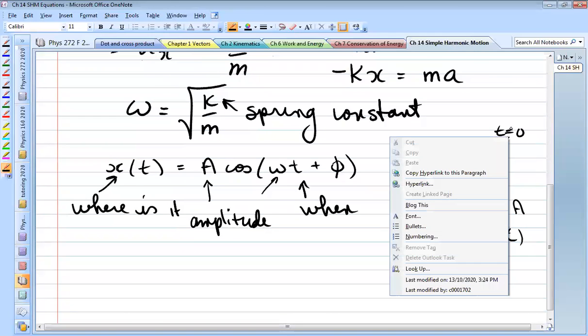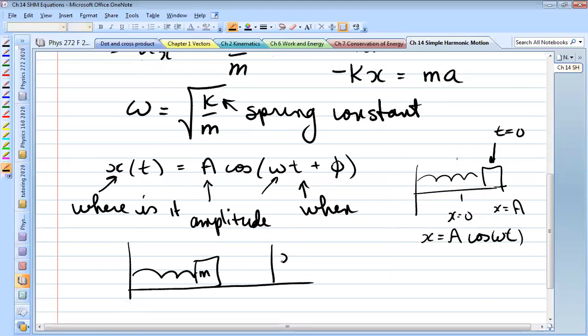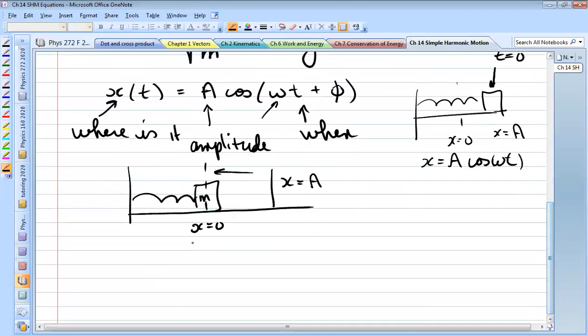Now, if you decide to start your stopwatch somewhere else, like say you pulled it aside over here to x equals a, you let go, it goes zooming back toward the middle, and at x equals 0 you start your stopwatch. You go, oh, I'm going to start my stopwatch here at t equals 0. Well, then the function's a little bit different.